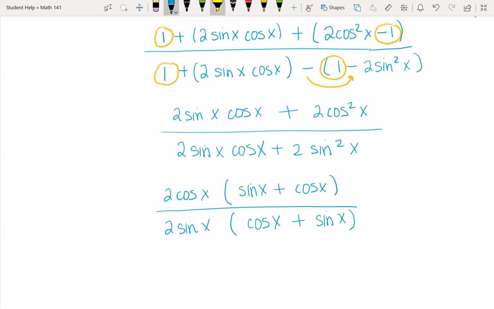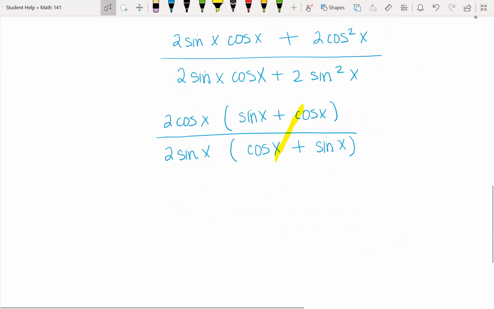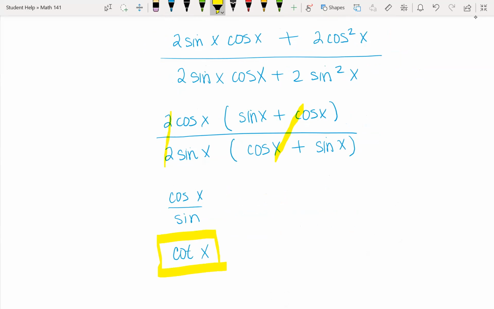Well, that's kind of cool, because then these 2 things are going to cancel each other right here, and the 2's are also going to cancel. So I'm just left with cosine x over sine of x. That's kind of crazy. That's going to end up just being cotangent of x. That whole crazy mess up there ended up simplifying to just cotangent.